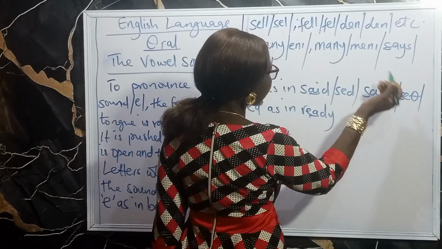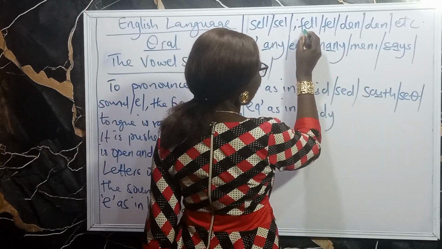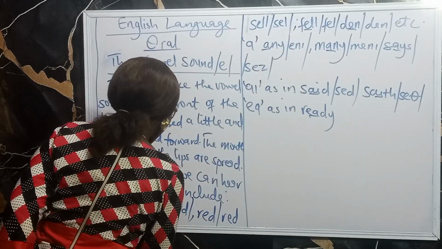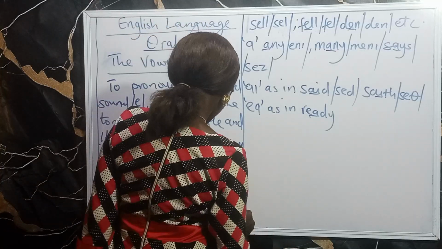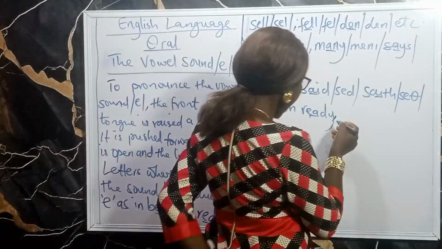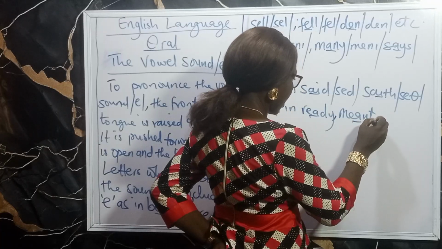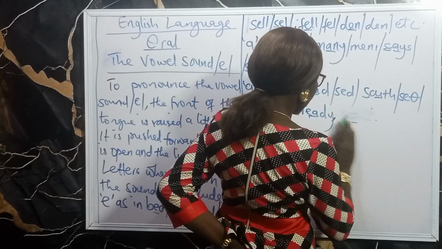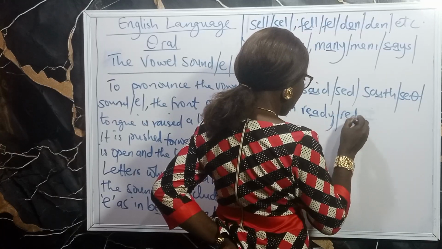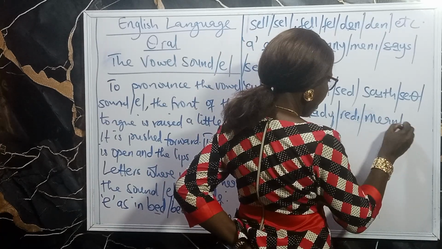You're supposed to underline the letters where we can hear the sound. We also have meant. Let me transcribe them. Ready is transcribed ready. Then we have meant.